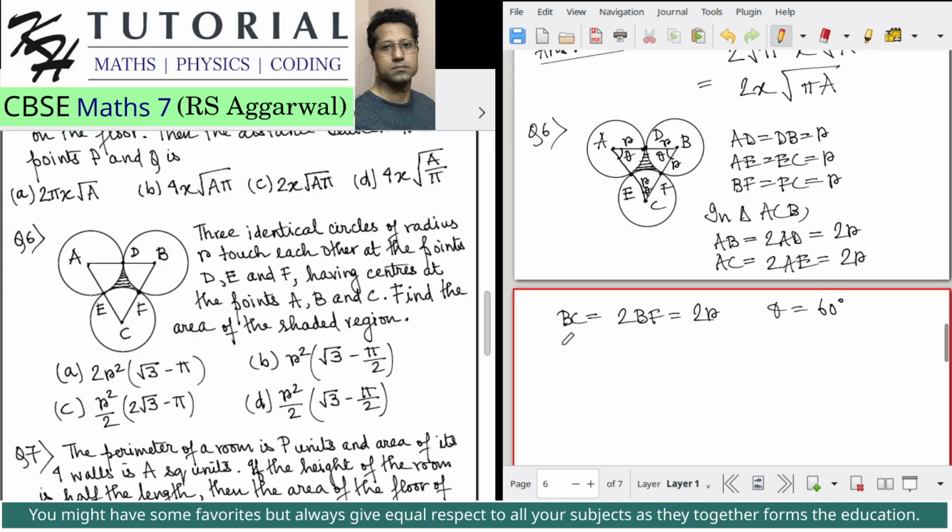So I can say that the area of sector AED will be equal to the area of sector DBF, which will be equal to the area of sector CEF.